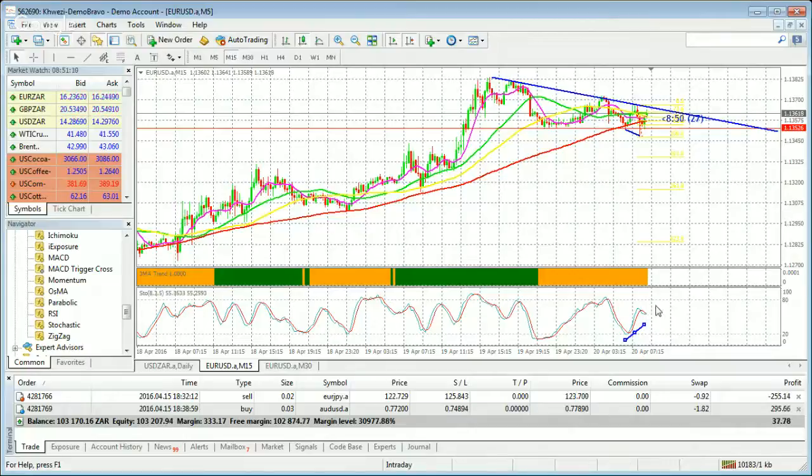If we do get the cross there, we have got a stochastic setup on the 15-minute there. So all the possibility for this going up actually does look good now.